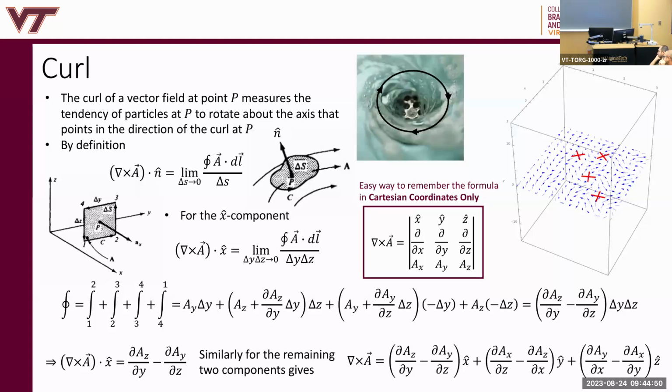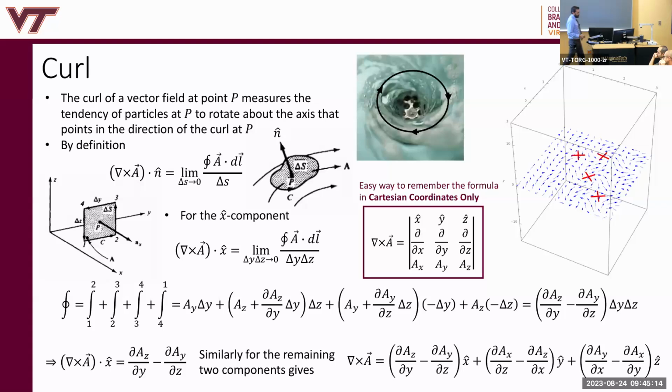In the end, I'm calculating whether or not that vector field circulates along that path. If I do have a non-zero net contribution as I integrate that vector field A along this path in a circle, then that must mean that there was some amount of rotation of that vector field, or circulation, about this axis that points orthogonal to the plane in which I'm calculating this circulation integral.